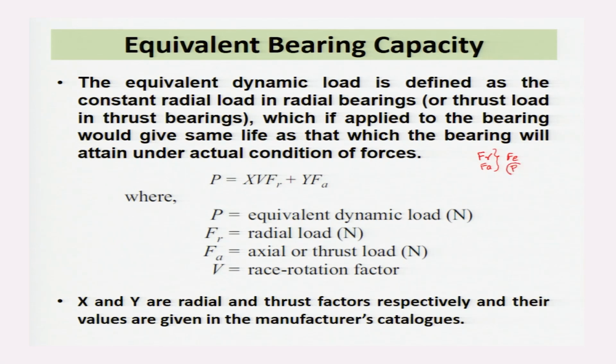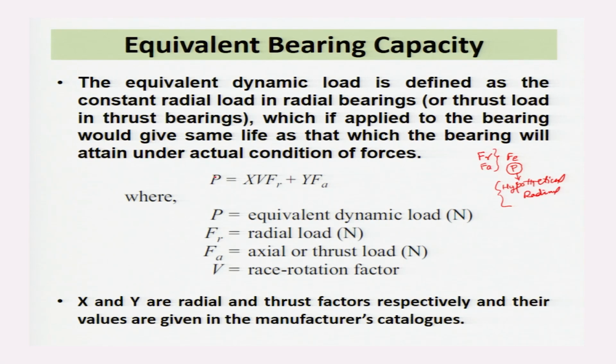So this P is actually a hypothetical radial load. It is assumed that when this equivalent load P acts, it will produce the same effect on the bearing as Fr and Fa acting together.